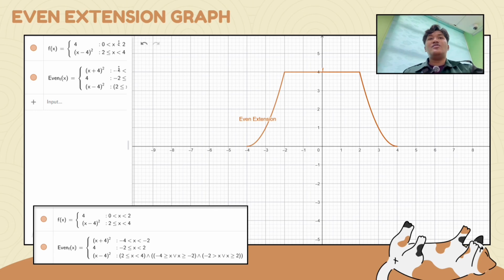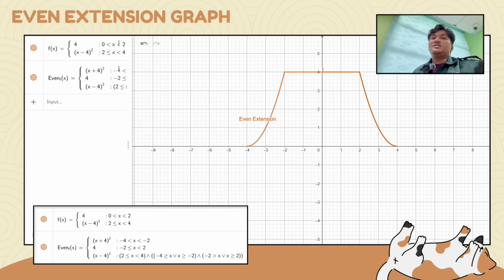Okay, for the left side, from -4 to 0, a parabolic curve starting at (-4, 0) rises up to (-2, 4), followed by a flat horizontal line from x equal to -2 to x equal to 0 at y equal to 4.